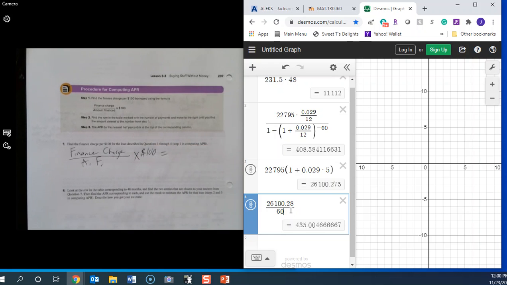So what we would need to do here is go back to questions 1 through 4.